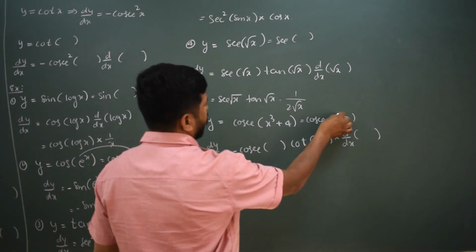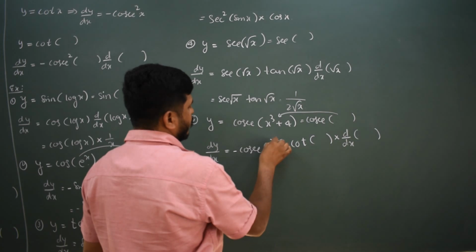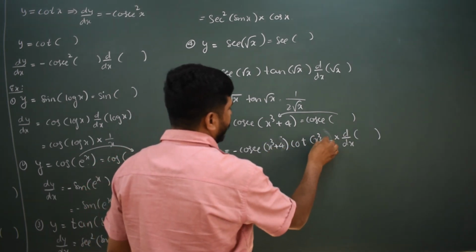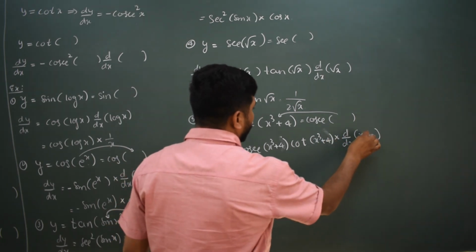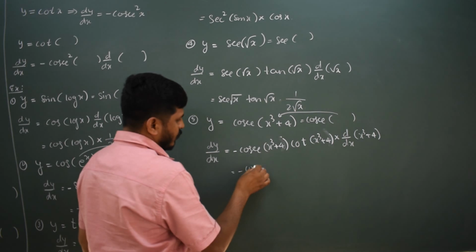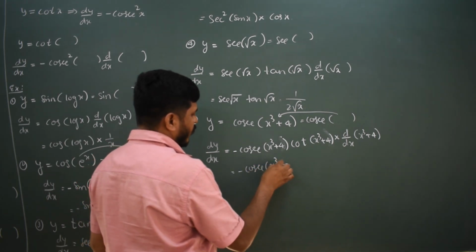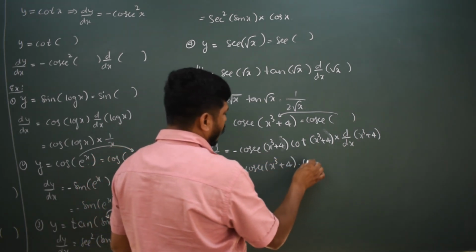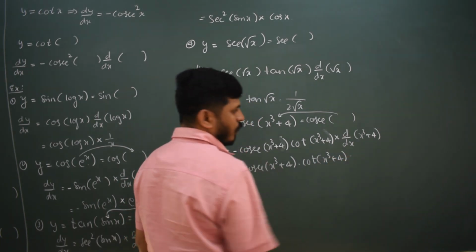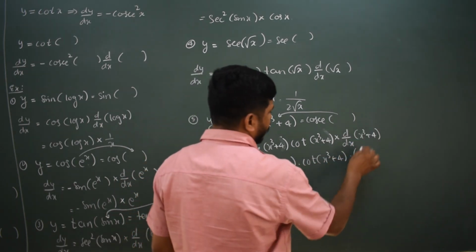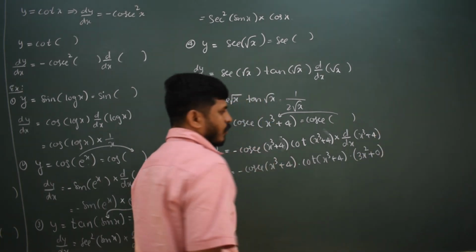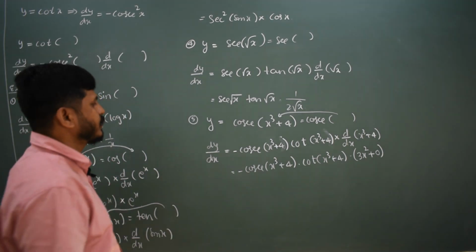In the place of something, that is x cube plus 4. That's equal to minus cosecant x cube plus 4 into cot x cube plus 4 into the differentiation of x cube, which is 3x square, plus 4 differentiation 0. No need to write it, but still I wrote 0.